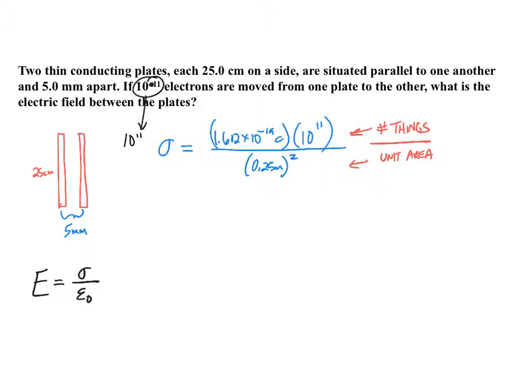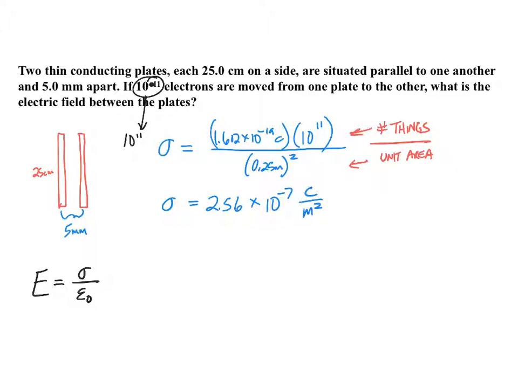So our charge density, or the area charge density, is going to be 2.56 times 10 to the minus 7 coulombs per meter squared. Last time we had a charge density, we didn't have to think because it was already in a square meter. Here, it wasn't in a square meter. It's in a square quarter meter. All right.